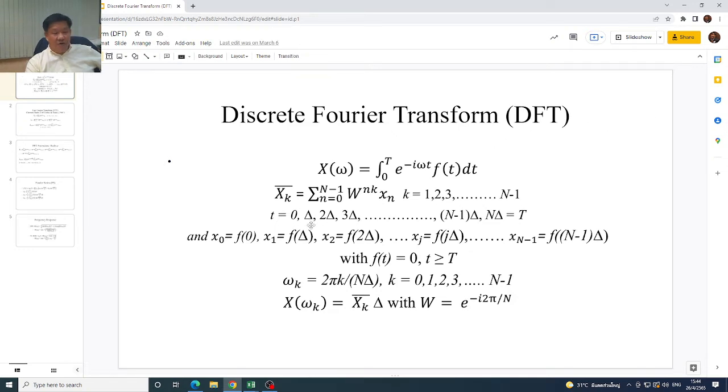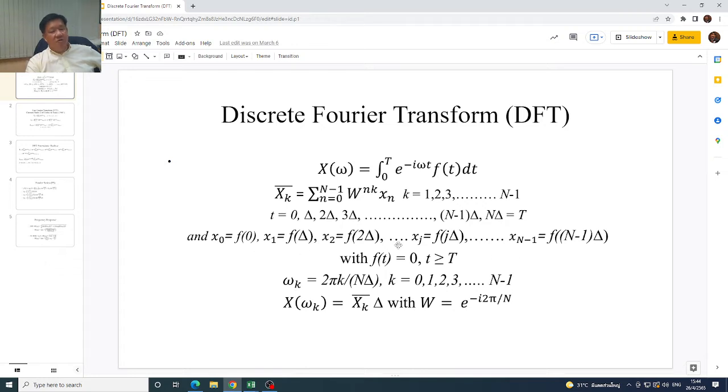For example, if your result is accurate within the first 3 digits, your delta has to be 0.0001, or 0.0009, so that the fourth digit starts to become some error too. So delta defines precision or resolution, and if you discretize this f of t into several points, in this case we approximate it with N points: x of 0, x of 1, x of 2, up to x of n minus 1.